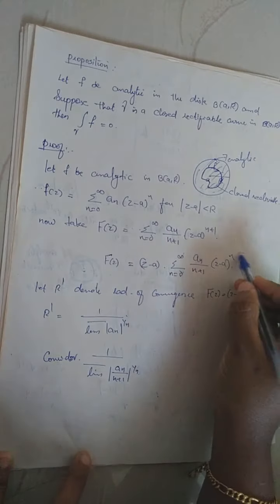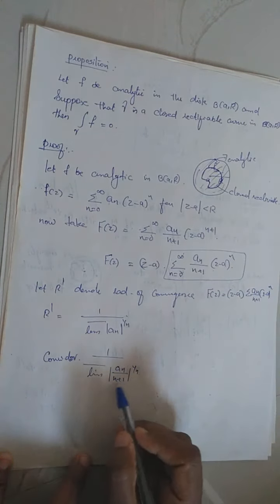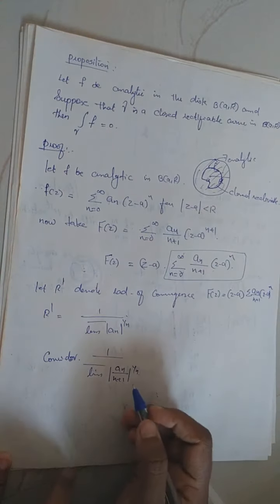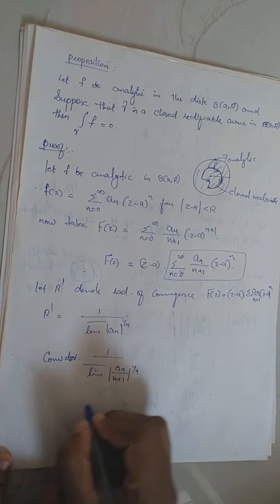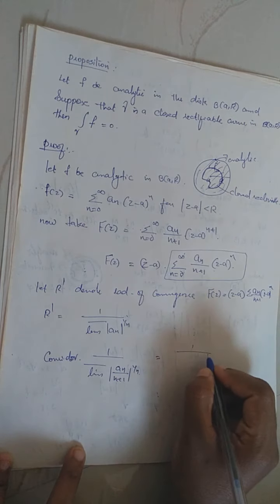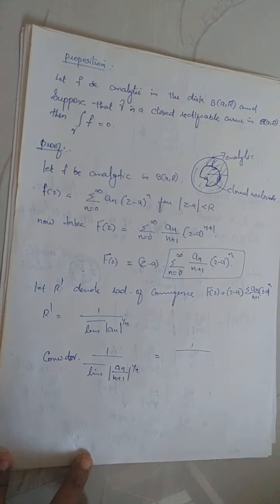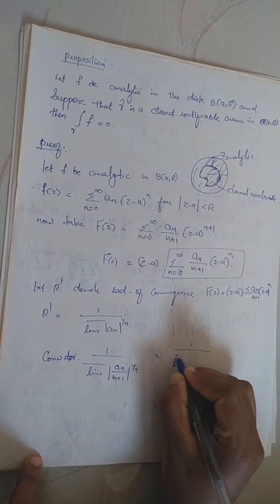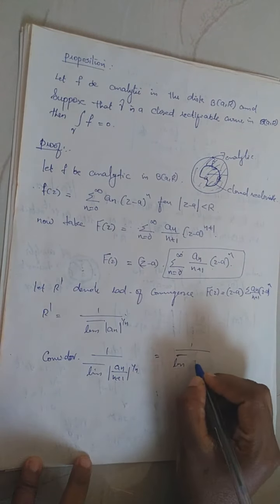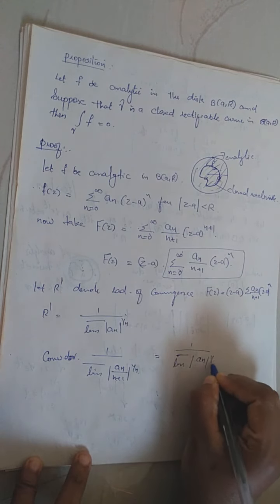So we are considering this kind of power series first of all, then you can take the coefficient a_n by (n plus 1) raised to 1 by n. Which is actually equal to 1 by limit supremum of mod a_n raised to 1 by n.